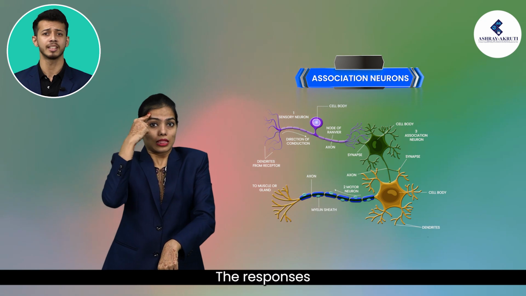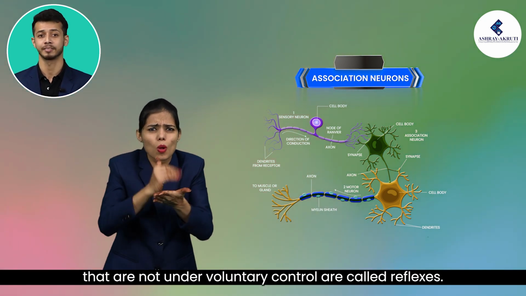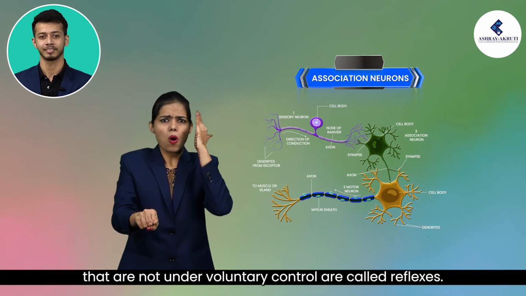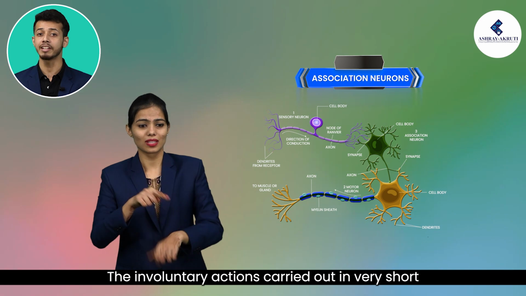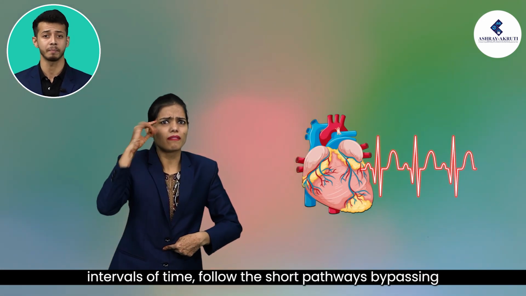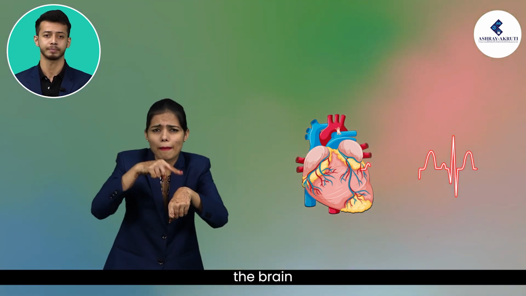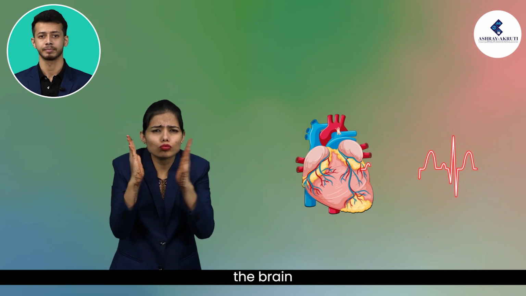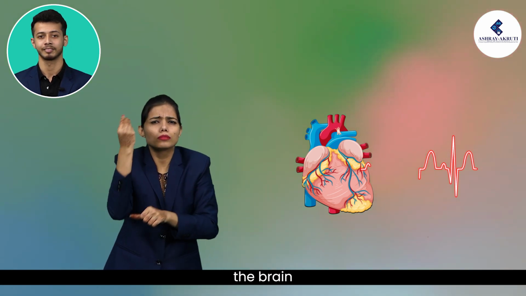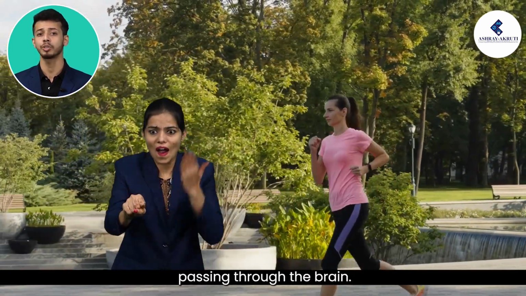The responses that are not under voluntary control are called reflexes. The involuntary actions carried out in very short intervals of time follow the short pathways bypassing the brain. The voluntary pathways are longer, passing through the brain.